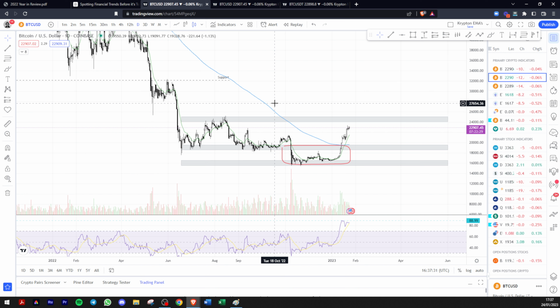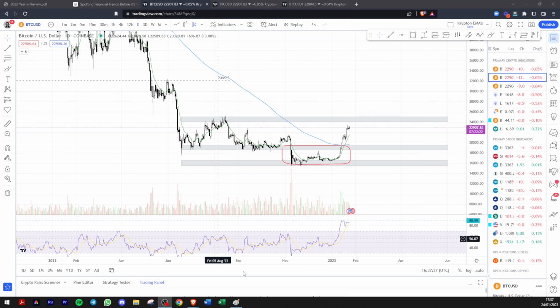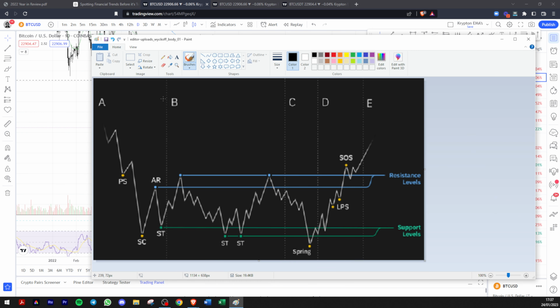So if you guys don't know anything about the Wyckoff distribution and the Wyckoff patterns, then I'll just dive into it shortly here. So this is the general Wyckoff pattern, right? This is the accumulation pattern in the Wyckoff phases. So essentially what this entails is that smart money is accumulating in this range.